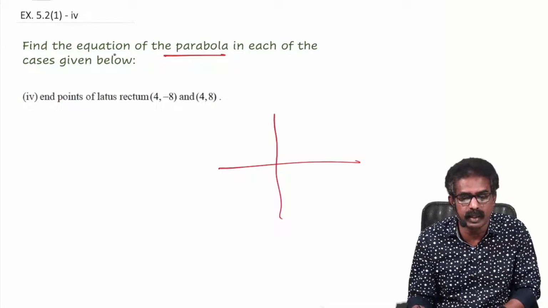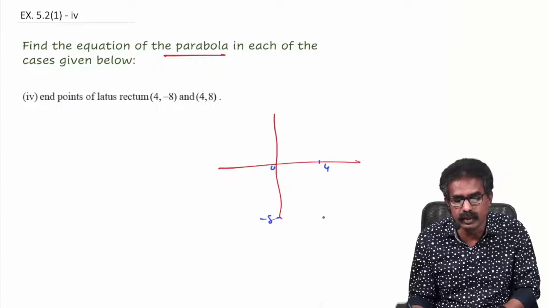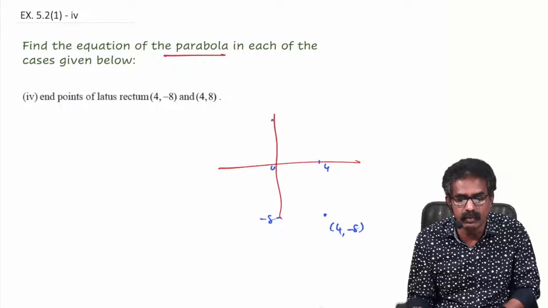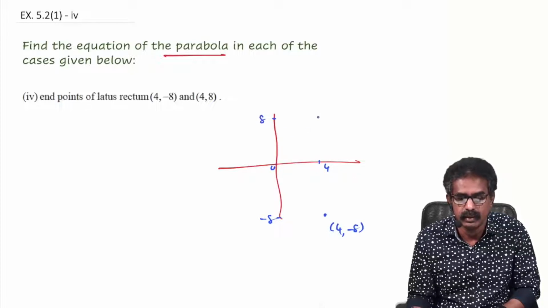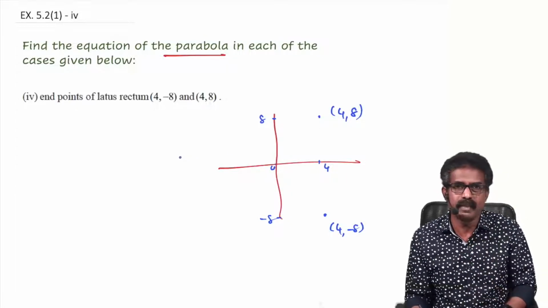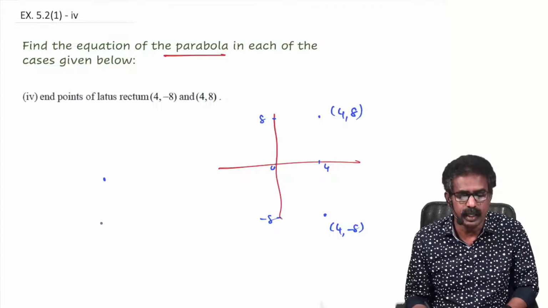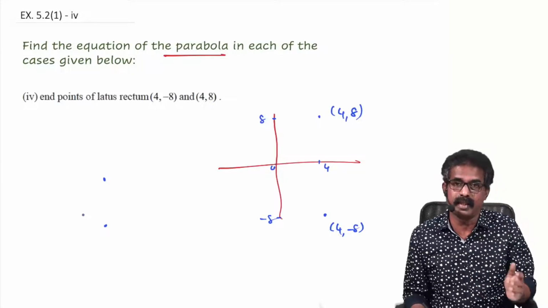What are the points given here? One is (4, minus 8). X value 4, y value minus 8. Okay, so this is one end of the latus rectum. Another end is (4, 8). So if only endpoints of the latus rectum are given, suppose these two are the endpoints, definitely it won't be the third type and fourth type.